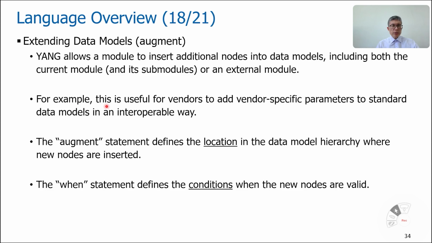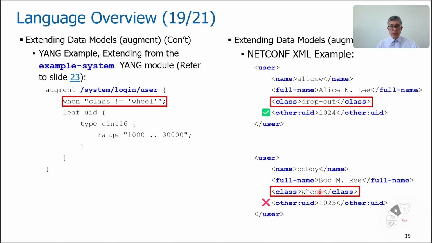For example, this is used by vendors to add vendor-specific parameters to standard data models in a proper way. The augment statement defines the location in the data model hierarchy using a path. We can see the example later on. And the when is a condition for when the new nodes are added. So here, the system augments the system login user.